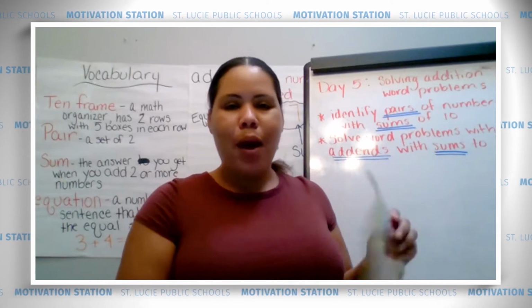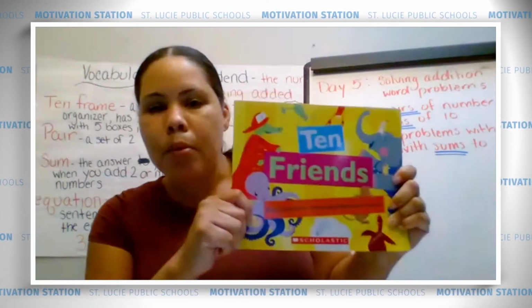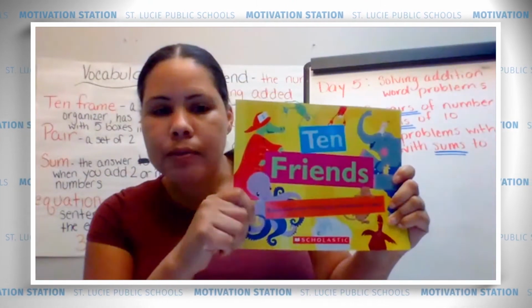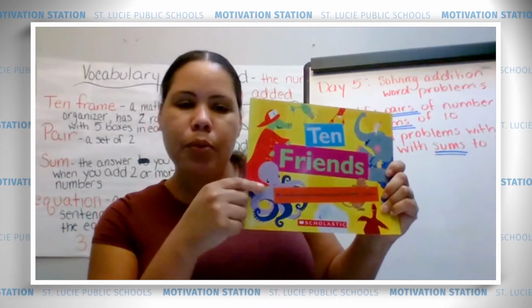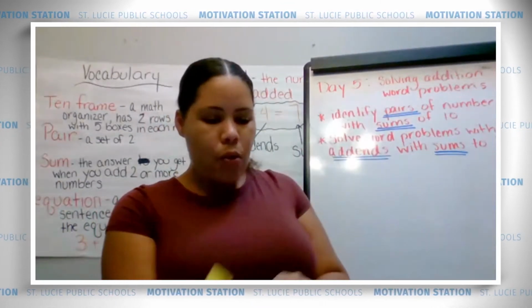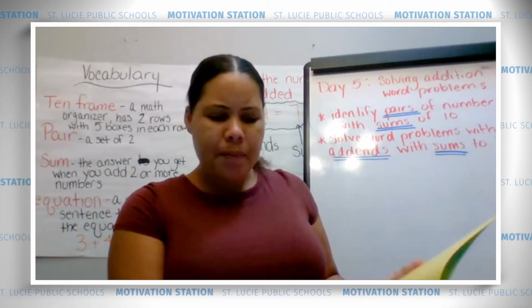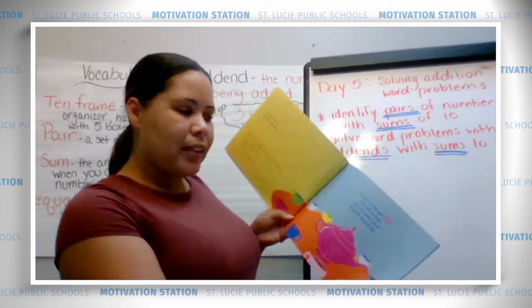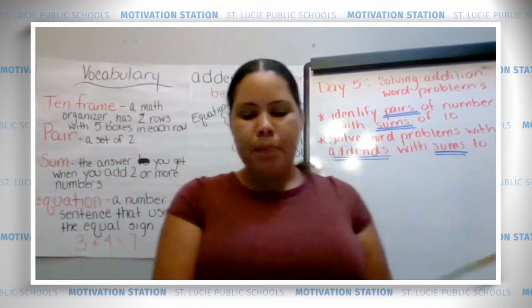But for now, I want you to think back about the book Ten Friends. Do you remember what this book was all about? I believe we were trying to decide what friends we would bring to a tea party. Correct. If we asked 10 friends to our tea party, who would our friends be?